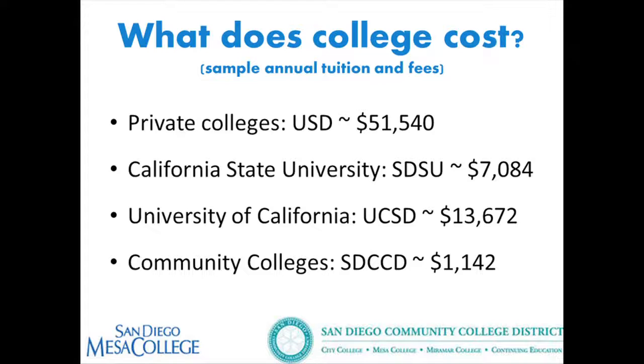And you have the CSU system, which would include San Diego State University, which is down to about $7,000. And then you have the community colleges in the San Diego Community College District, $1,142. So you can see that it's a lot more economical to take whatever classes you can here if you're going to plan on transferring to a 4-year. And then it's even going to be a little cheaper than that for California residents, and I'm going to explain that a little bit more later.